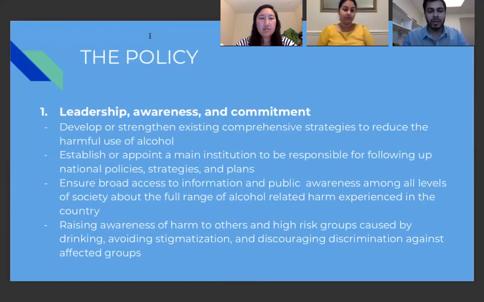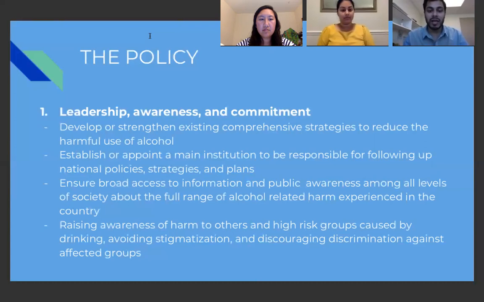So number 1 is leadership, awareness, and commitment. This target area serves to develop or strengthen existing comprehensive strategies to reduce the harmful use of alcohol. Establish or appoint a main institution to be responsible for following up national policies, strategies, and plans.